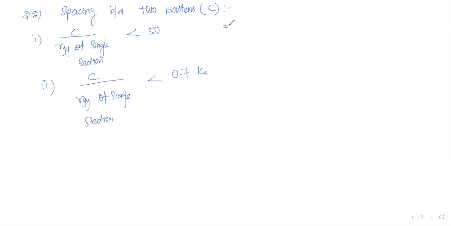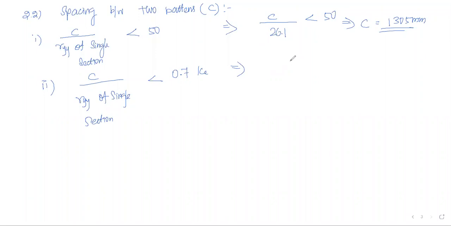Here to calculate C, we take ryy of the single section. We noted that ryy is 26.1 mm, and C divided by it should be less than 50. Then C should be less than 1305 mm. This is with respect to the first condition.